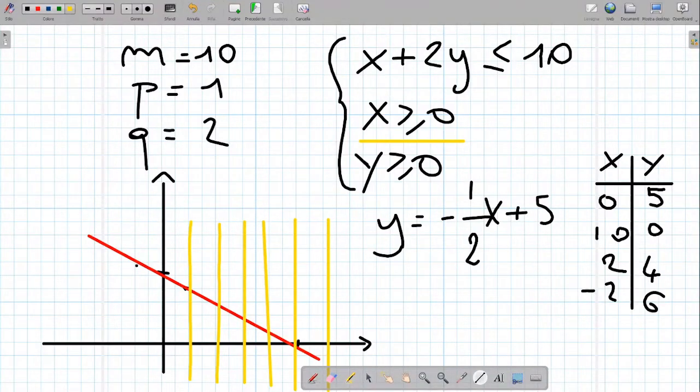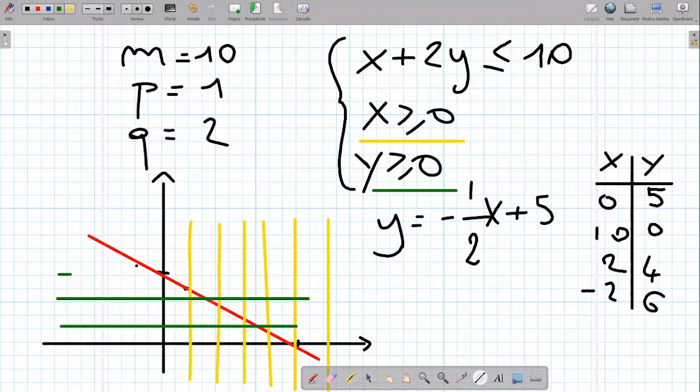If we do the same for the y, it will be positive on the plane above the x-axis. So I can draw this time a horizontal line and say that this part of the plane is the one which has positive y.